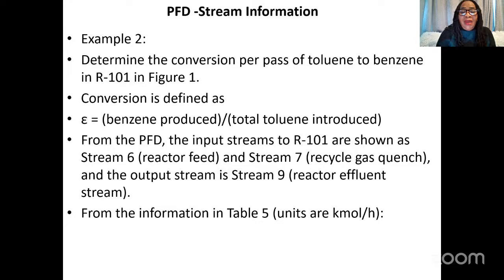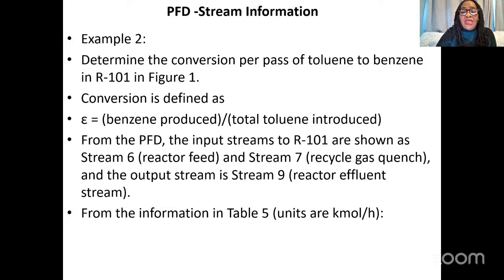Now this time we're using table 5. The other one we used table 2. So now let's look at table 5. We're looking at input and output to see the conversion: the amount of benzene produced divided by the amount of toluene going in. The input streams for R101 are stream 6 and stream 7.